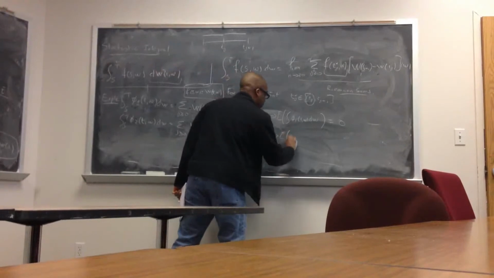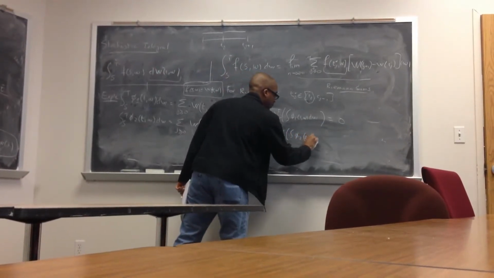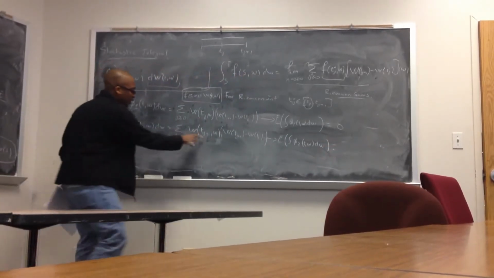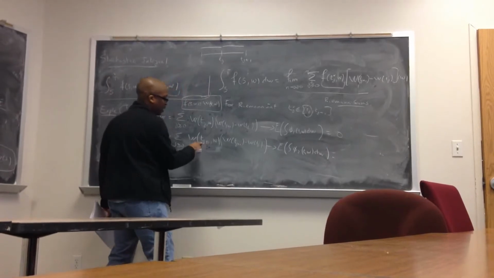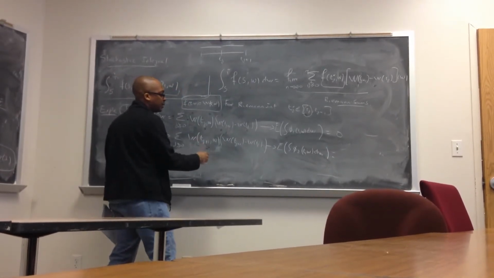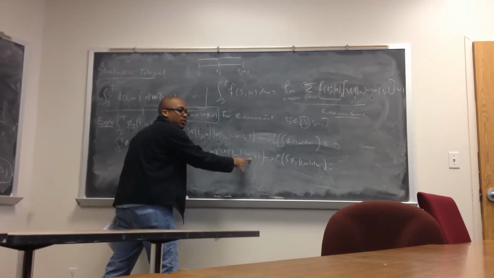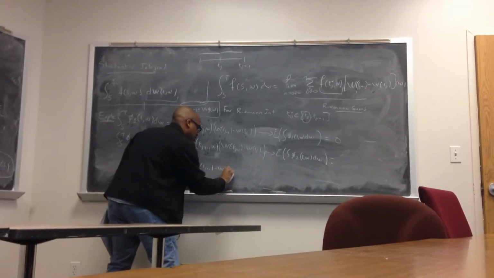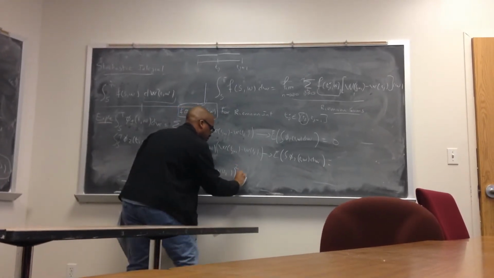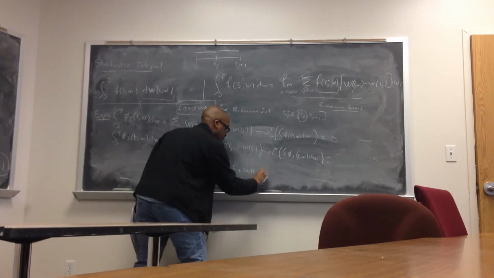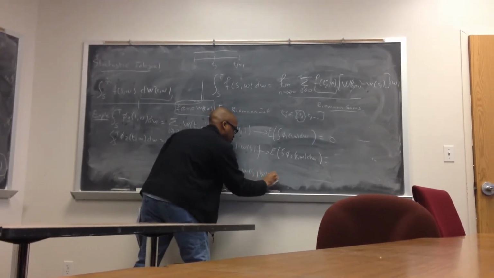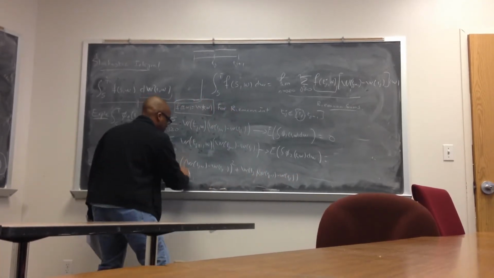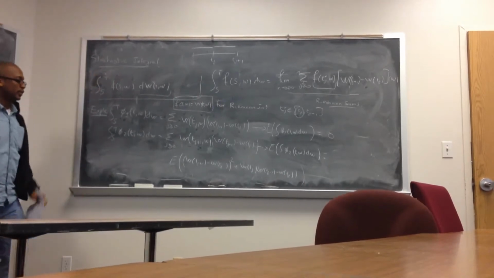Now, for the second one, if you take the expectation of this, you can rearrange that. You have a TG plus 1, you can add and remove WTG. So you're going to have the square of WTG plus 1 minus WTG, plus WTG times WTG plus 1 minus WTG.